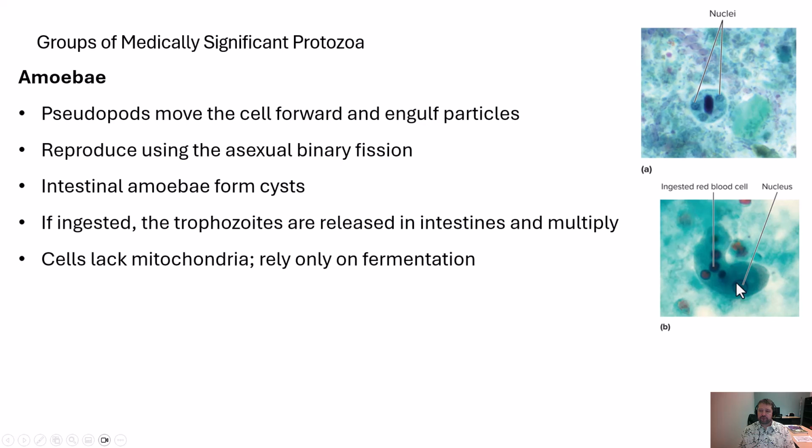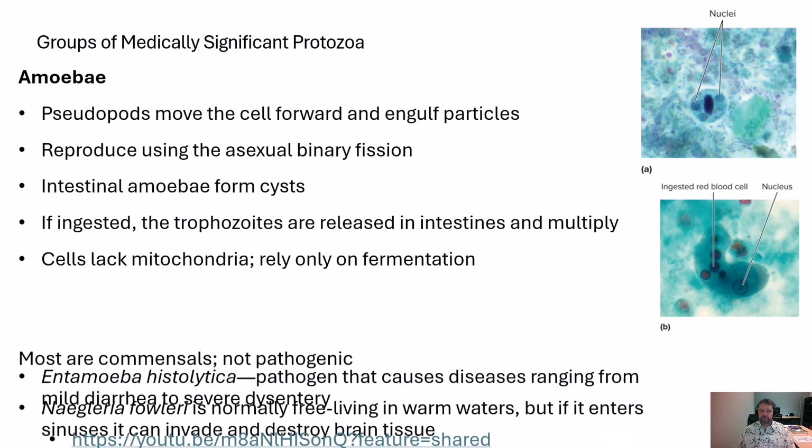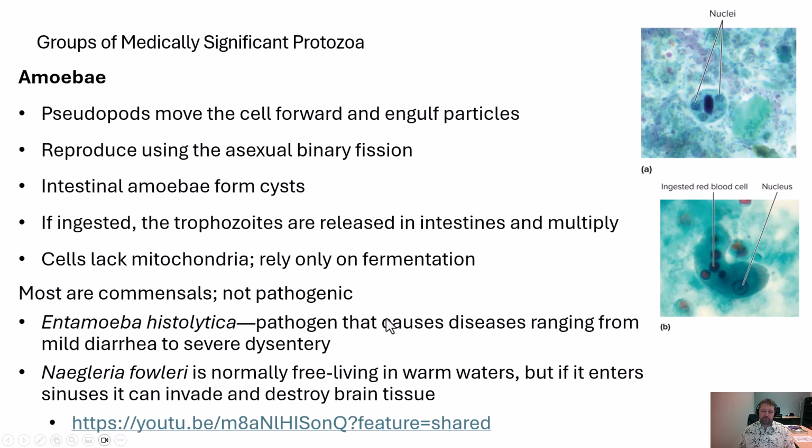And so here you can see that some amoebas also consume red blood cells, so it's not just consumption of nutrients from the intestines. Sometimes they'll eat red blood cells and feed on other regions of the body, and so most are not detrimental to humans when humans get them.